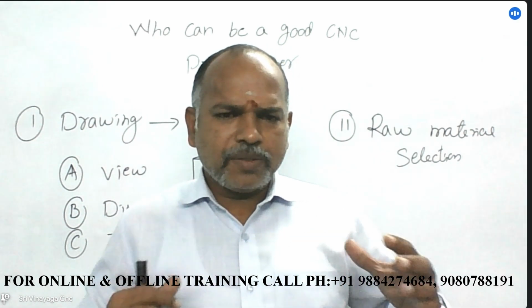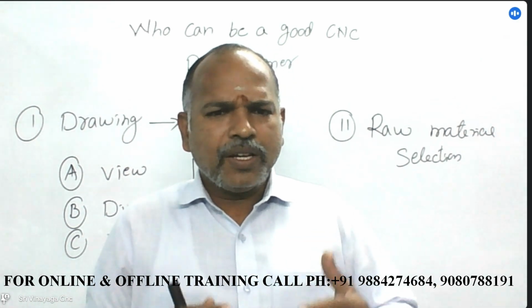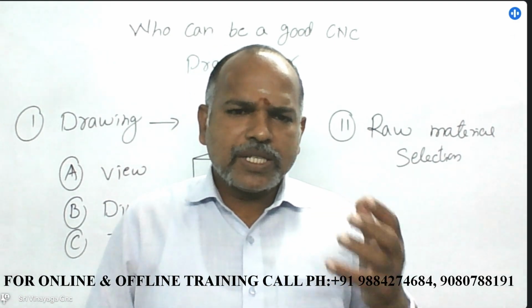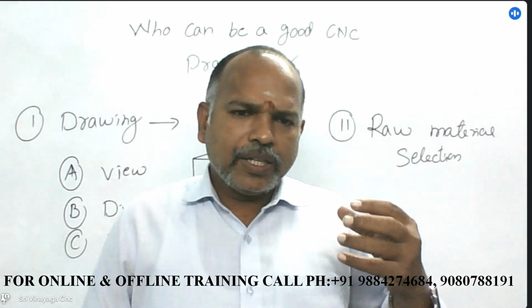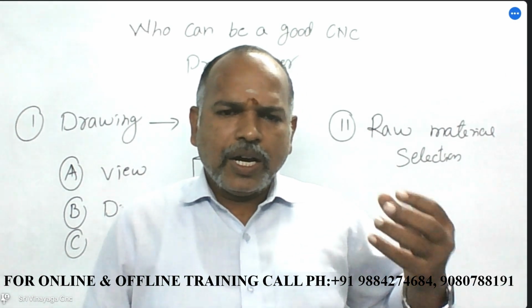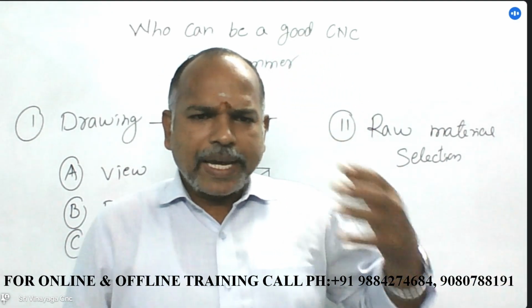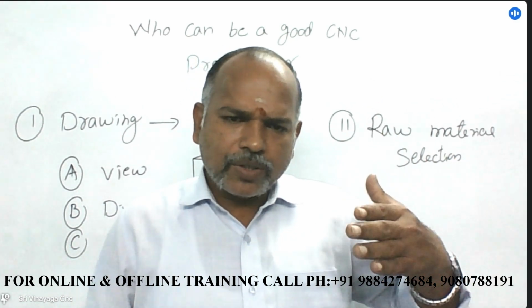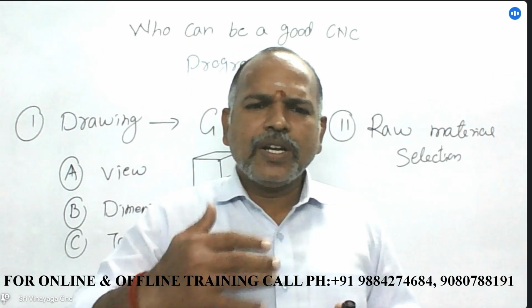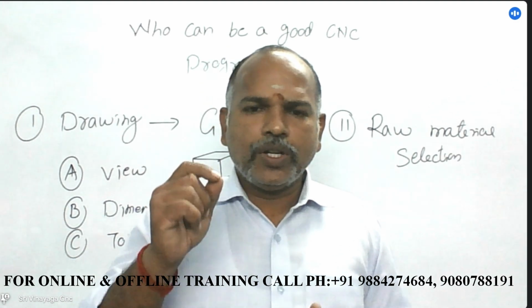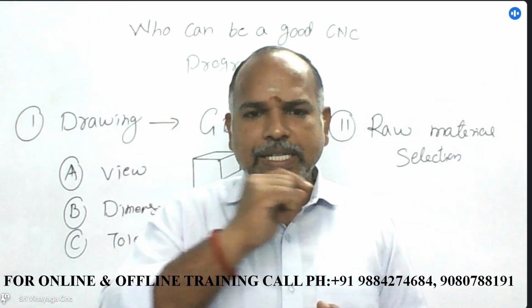If you take manufacturing industries, different types of raw materials are there: MS, SS, EN material, copper, bronze, tin coated, alloy coated, casting materials, like this, different types of material will be used. First, we should have knowledge about raw material selection.